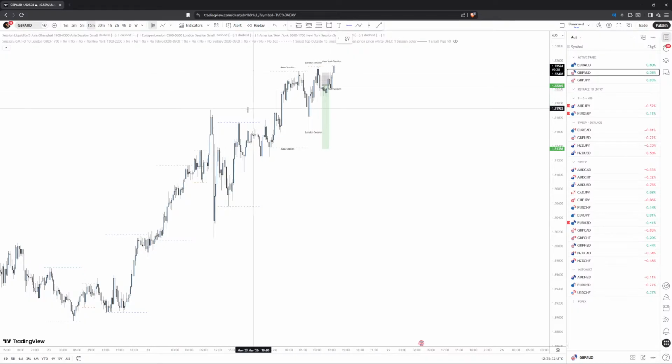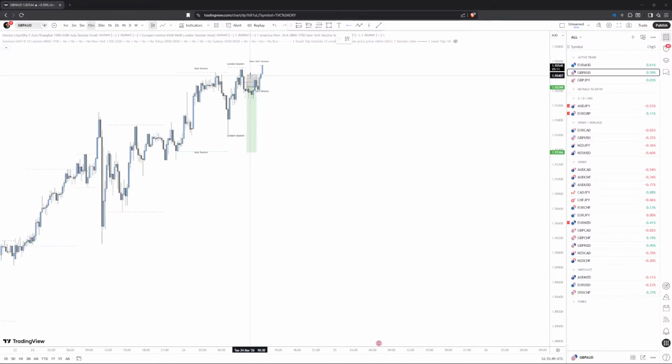Then if New York sweeps London, we could have a replay of this. But we do have to remember that this is a manipulation, so it would potentially take another set of manipulation to then drop down as deep as this did, which would be roughly here.